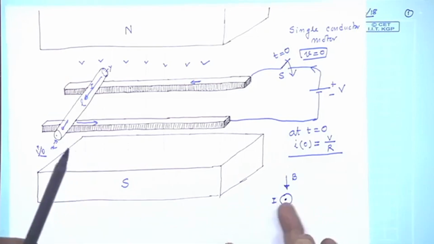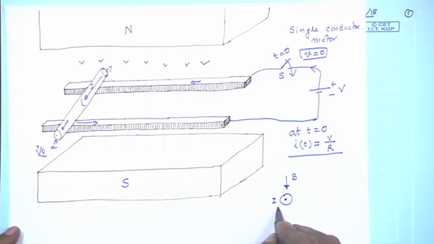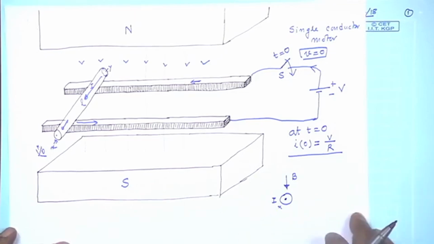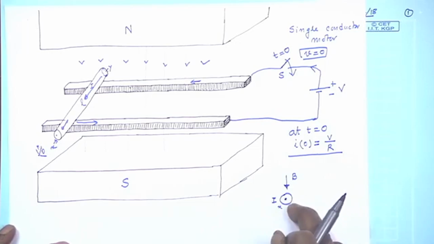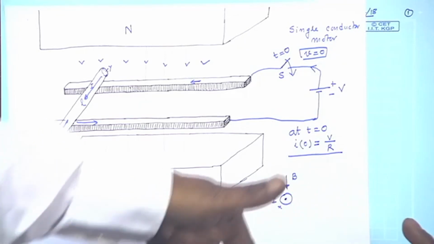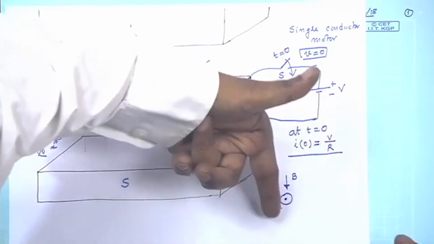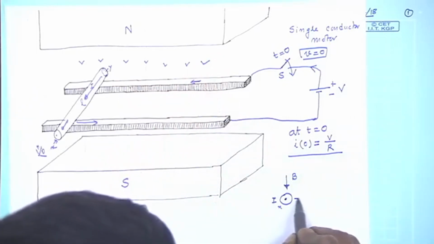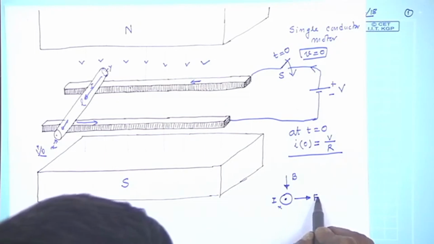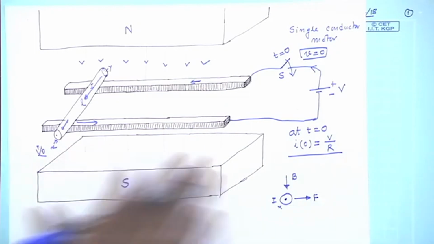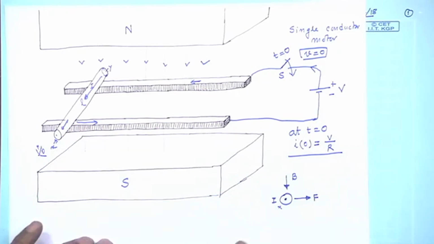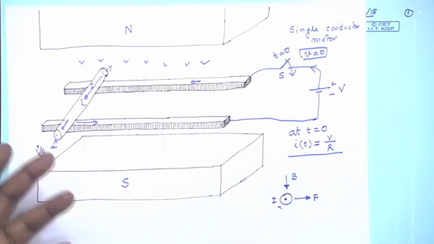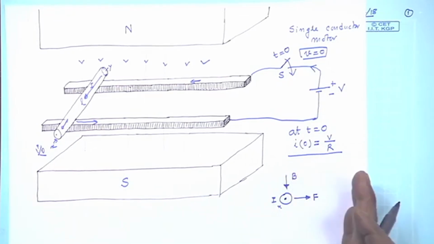So, this end is end x of the conductor, and it is carrying a current I. Therefore, a current carrying conductor placed in a magnetic field must experience a force, and the direction of the force will be like this. Apply left hand rule, B, this is I. So, force will be in this direction, or the conductor will start moving to the right from t equal to 0, it experiences a force.